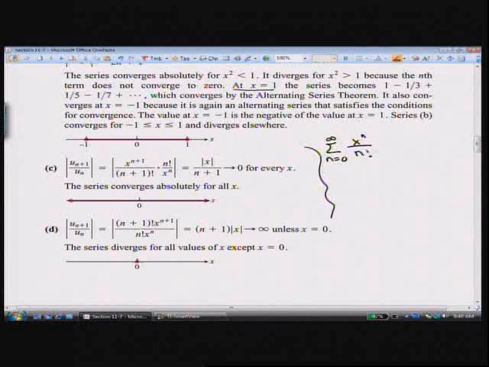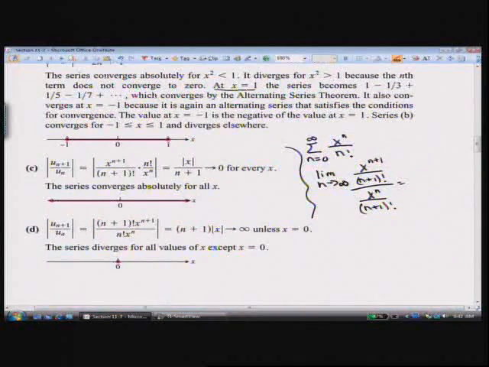All right, and so what we do is we use the ratio test. So we're going to look at the limit as n goes to infinity of x to the n plus 1 over n plus 1 factorial divided by x to the n over n factorial, right? So we're going to flip that.